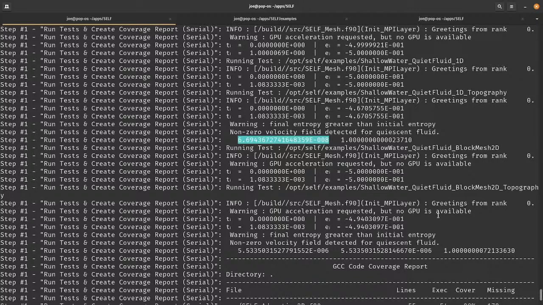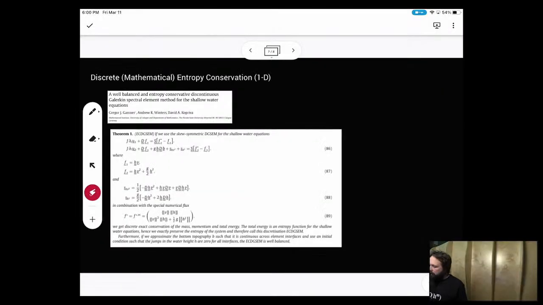In addition to those correction terms, I kind of skimmed over it pretty quickly. That paper from, let me actually go ahead and pull it back up here, from Gregor Gassner and co. This paper also pointed out that we need to have a particular arrangement for the Riemann fluxes.